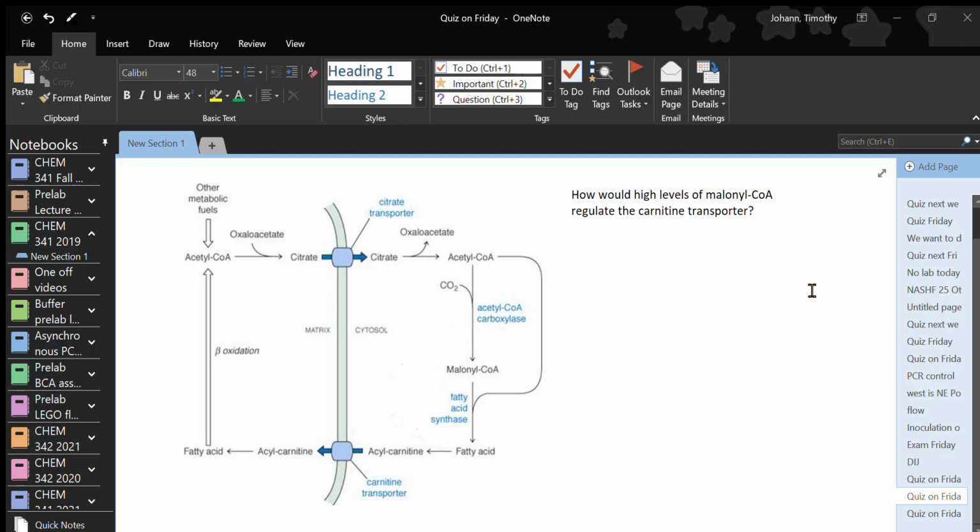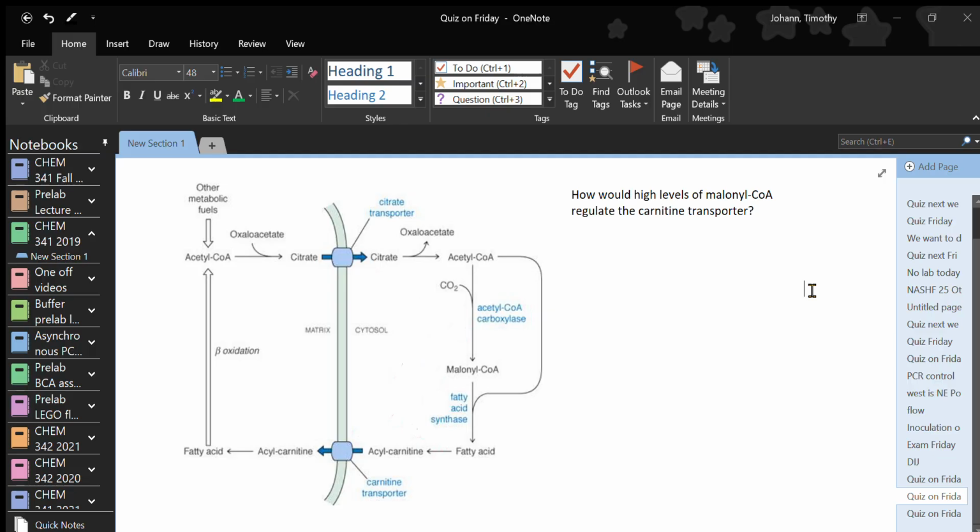So if we're making fatty acids, right, we're running this, what's going to happen to this? It's not going to transport, because you don't want to make fatty acids and then break them down. You make fatty acids and you ship them out of the cell and you store them someplace.